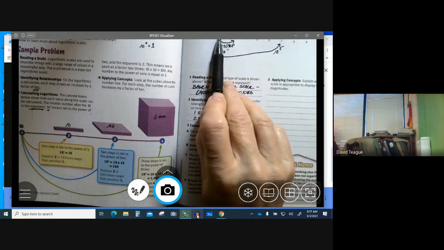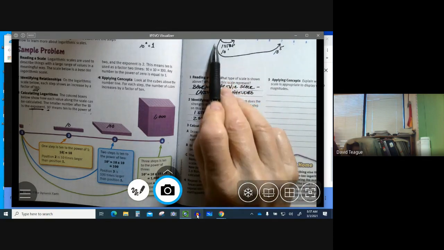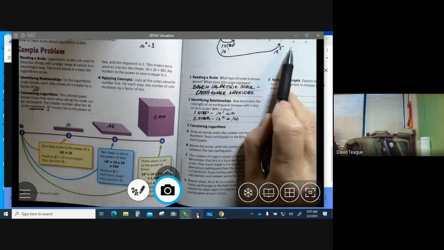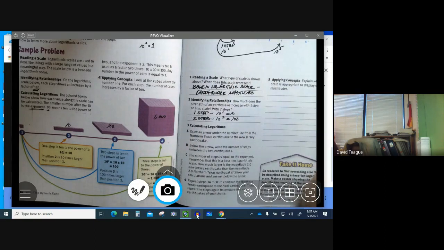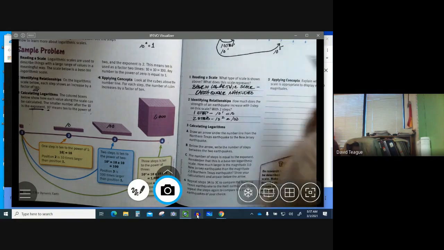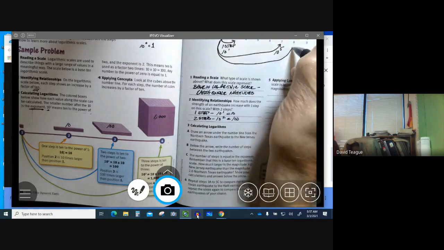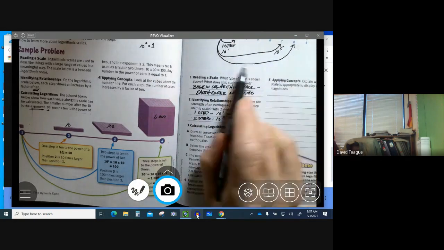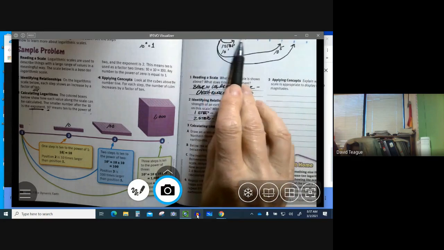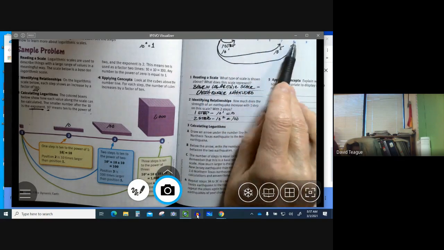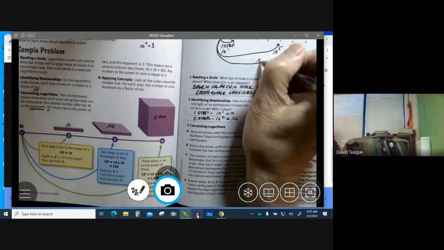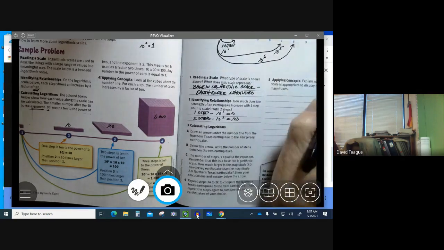Okay, difference from the North Texas earthquake: 10 to the 5th power. And if we went from Texas to Alaska, so if we draw another arrow here, how many steps is that? That's 1, 2, 3, 4, 5, 6. So this would be 10 to the 6th power.